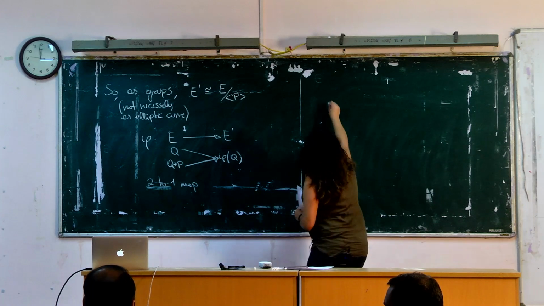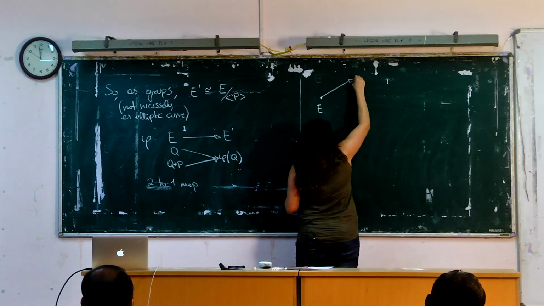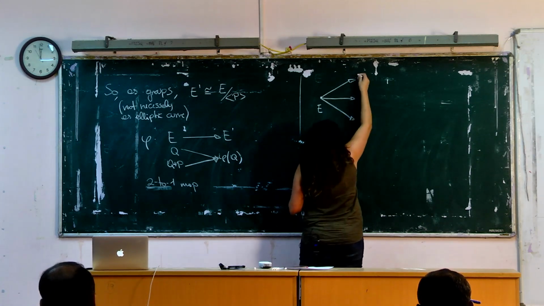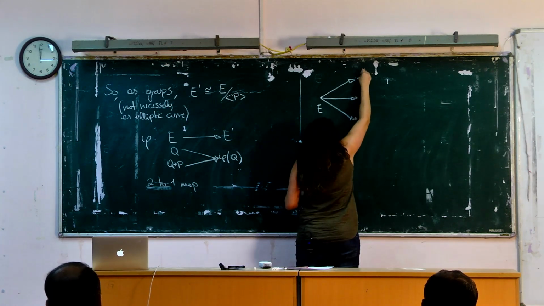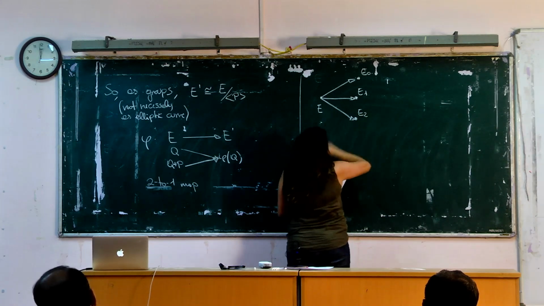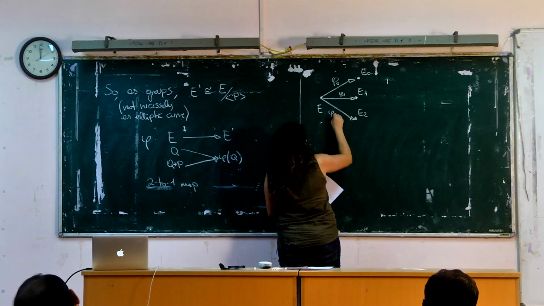So we have our curve here, E, and we have 3 possible isogenies. So here we have E0, E1, and E2. Okay? Every edge here is an isogeny of degree 2.